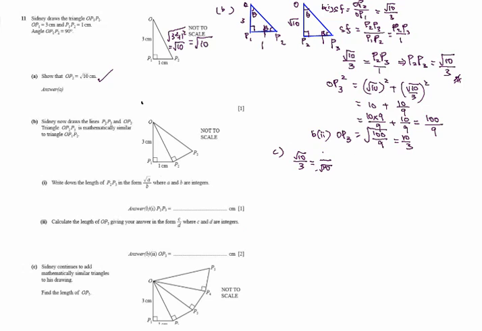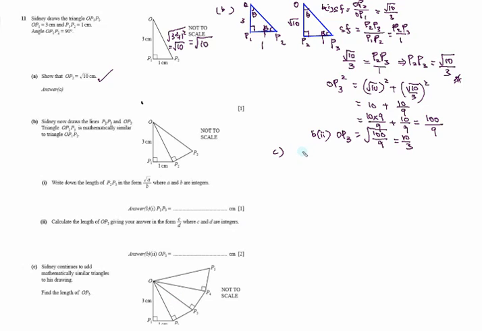Now, for you to get this length, if you're given this over this, it will give you the scale factor. Okay? And the scale factor is square root 10 over 3. Then this over this, because they are similar, the pattern follows: this divided by this is square root 10 over 3. Then this divided by this is square root 10 over 3, the same as the earlier one. Okay?